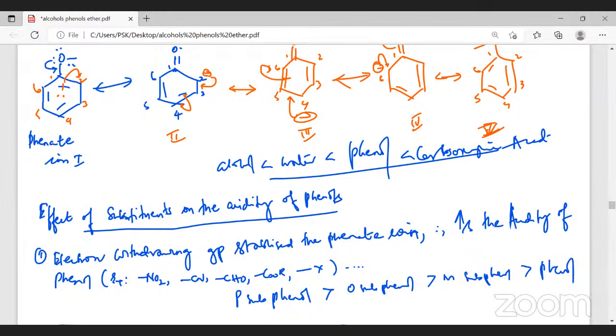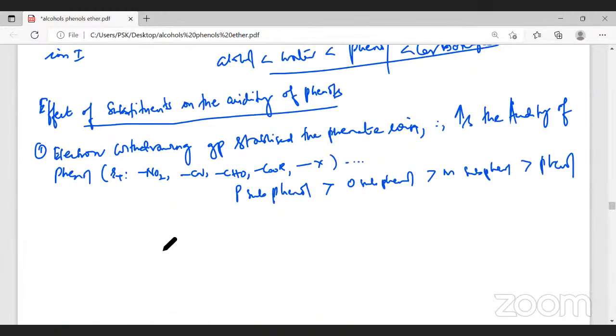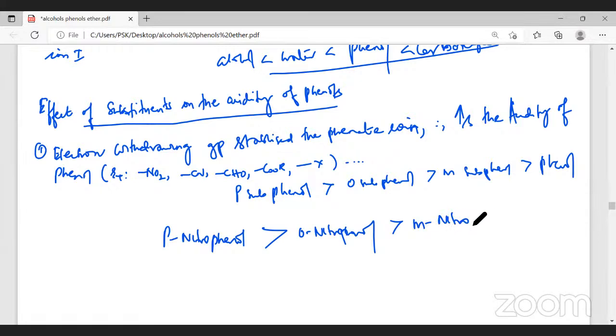For example, para-nitrophenol will be more acidic than ortho-nitrophenol. See, all these are nitro-substituted products. Ortho-nitrophenol will be more acidic than meta-nitrophenol, and meta-nitrophenol will be more acidic than phenol.